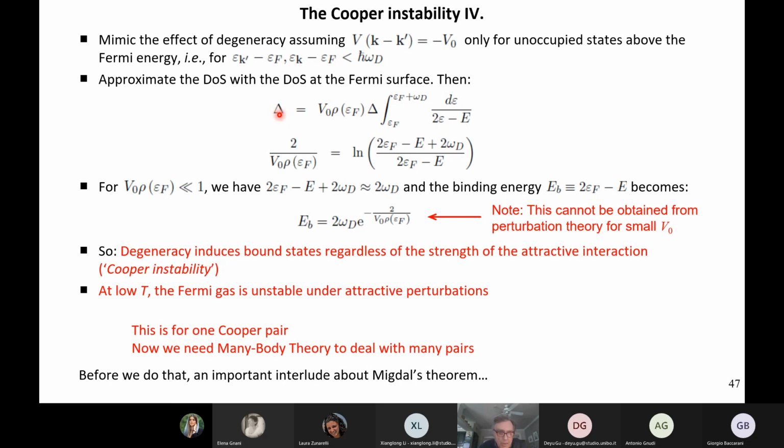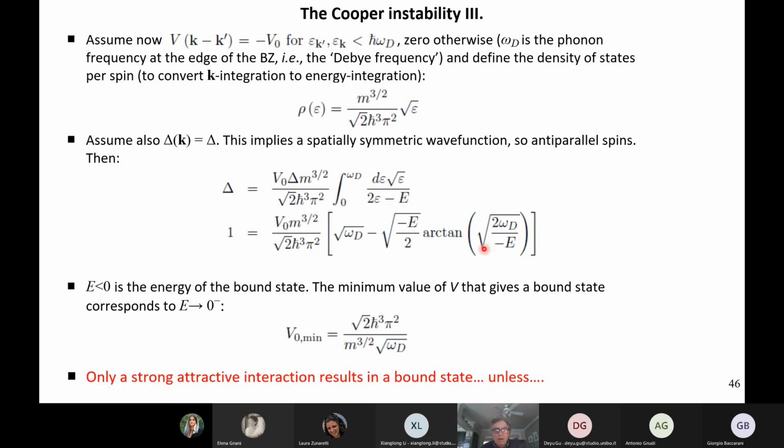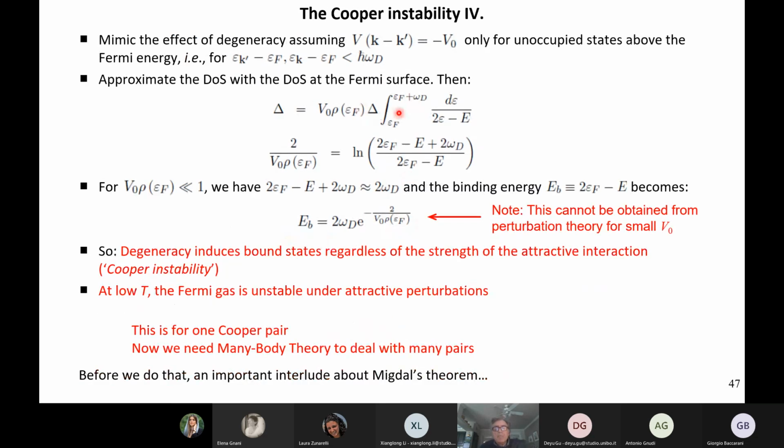This delta actually will be the wave function at the Fermi energy, and we find that we can integrate this expression very simply, having simplified this formula by assuming that delta is a constant and the density of states is the density of states at the Fermi level. So this square root of epsilon becomes the square root of epsilon F. And we can solve this expression, and we see that there is a bound state.